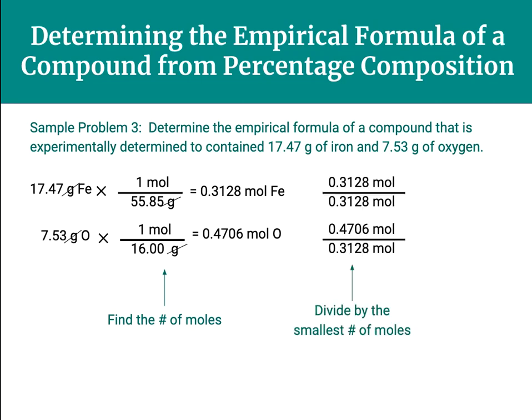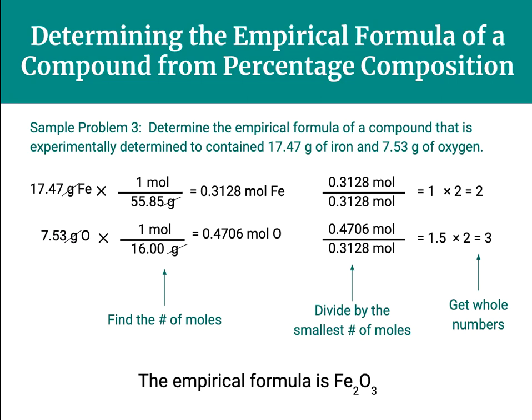So we divide both of those by 0.3128. For iron, we get 1, and for oxygen, we get 1.5. Remember, we want whole numbers, so we're going to multiply both by 2 to get whole numbers of 2 and 3. So therefore, the empirical formula is Fe2O3.